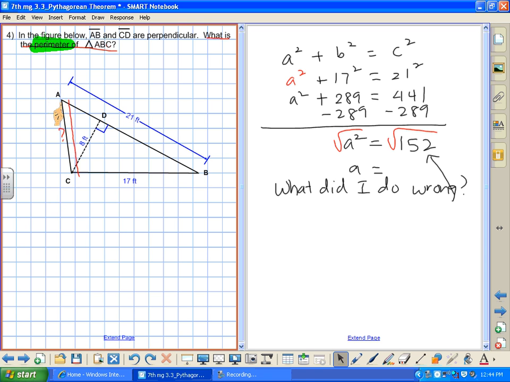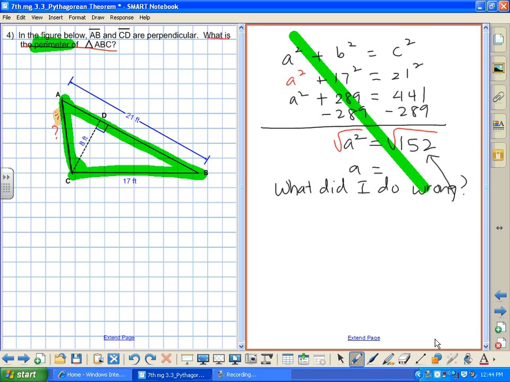And if you look at this angle here, this angle here is not 90 degrees. This angle here is not 90 degrees. And that angle here is not 90 degrees. And so I can't apply the Pythagorean theorem to this triangle because it is not a right triangle. So this here is no good. Okay? Get that? You can't use it.